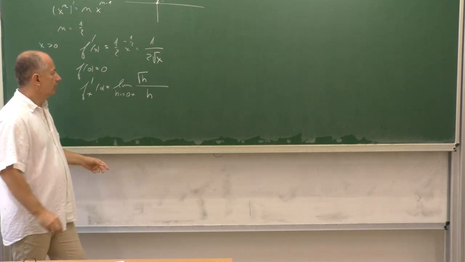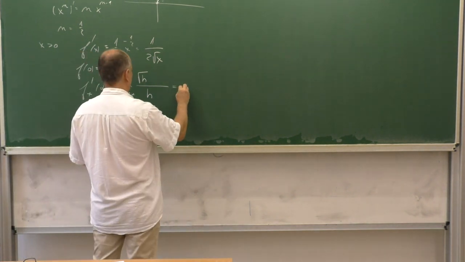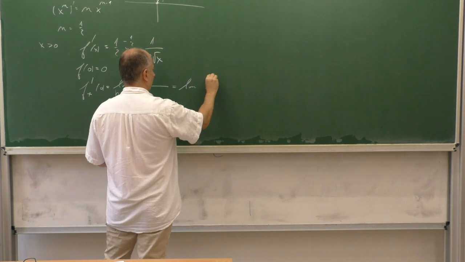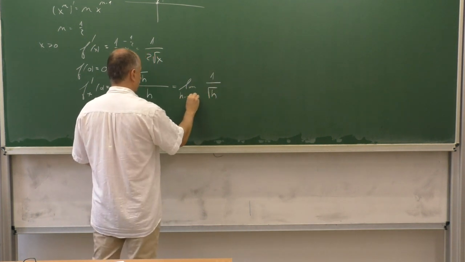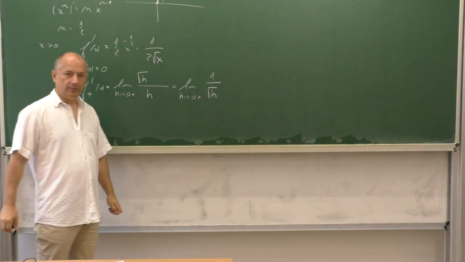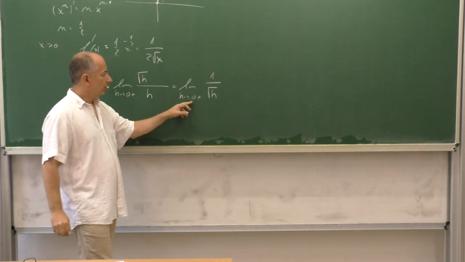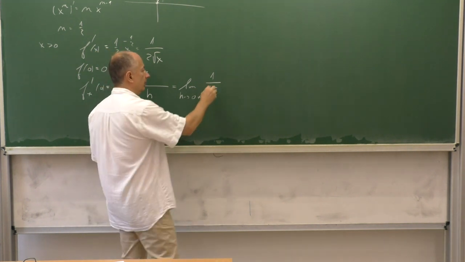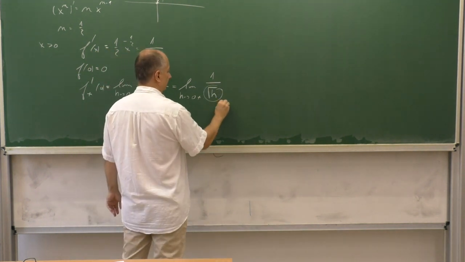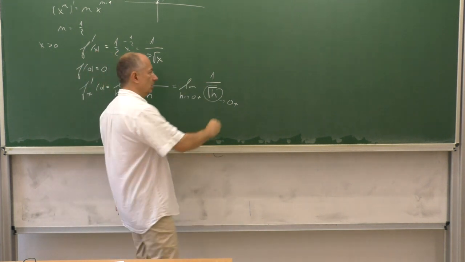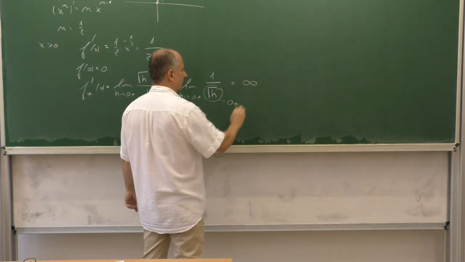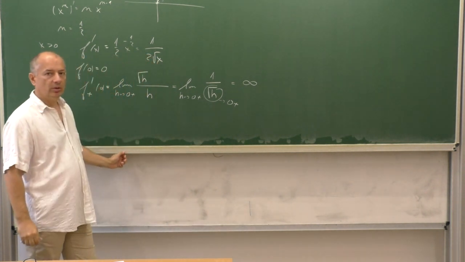We can reduce square root of h, and we have 1 over square root of h for h approaching 0 from the right. When h goes to 0 from the right, so does the square root, and 1 over a small positive number is a large positive number, so it goes to plus infinity.